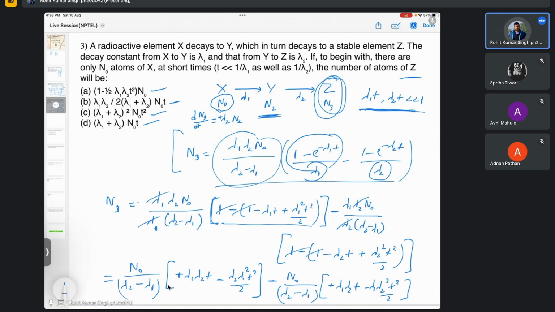Now you will see that these terms get cancelled, right?